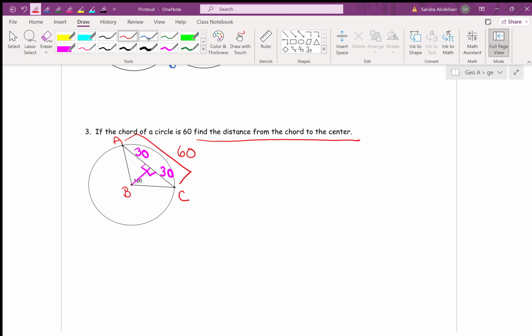Congruent. We have radii congruent, we have reflexive, right? And we have the right angle, hypotenuse leg. Since they're congruent, what happens to that 120-degree angle? It gets split into 60 and 60. There we go.